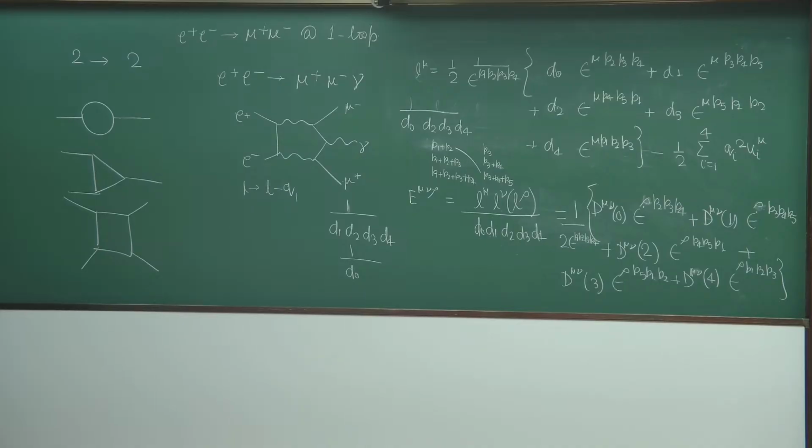Okay. As far as the derivations are concerned, this is the last part of the derivation. After that, I'll have just a brief discussion on the merits or demerits of the reduction process.